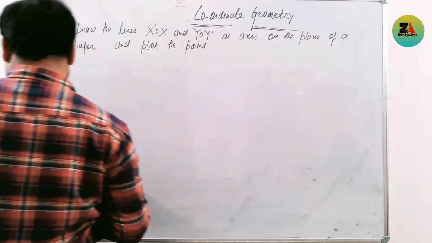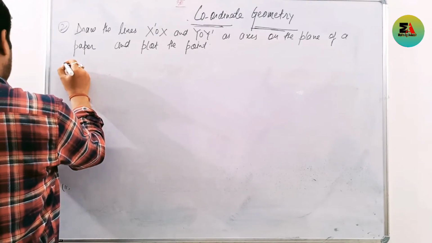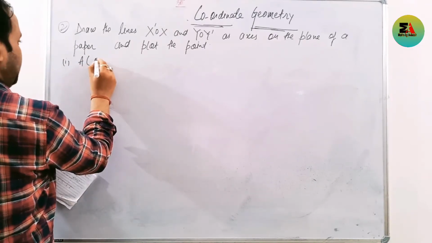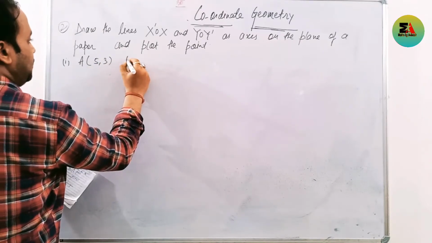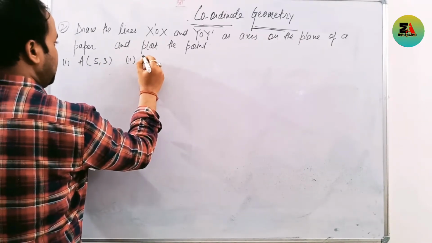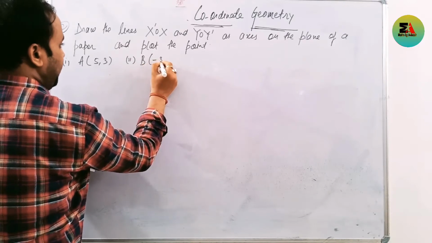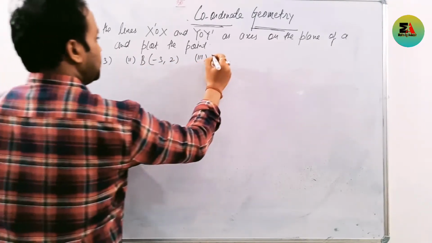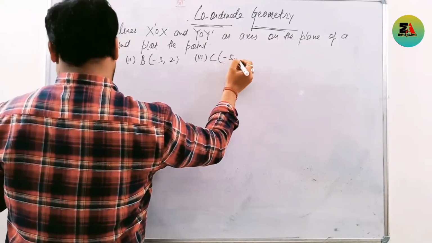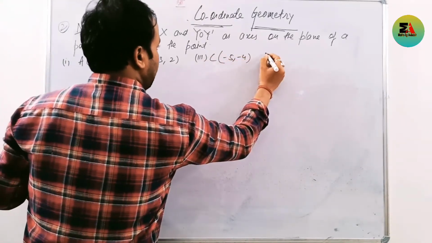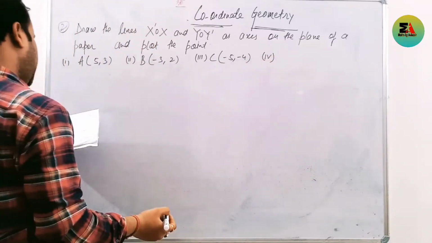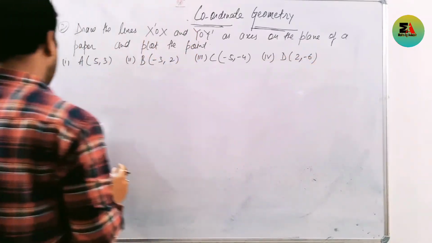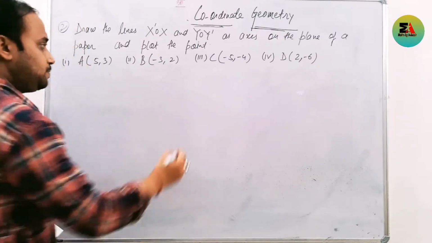See, some points are given, we have to plot them. First, the coordinate of A is (5, 3). Second, the coordinate of B is (-3, 2). Third, the coordinate of C is (-5, -4). And fourth, the coordinate of D is (2, -6). See how we plot.